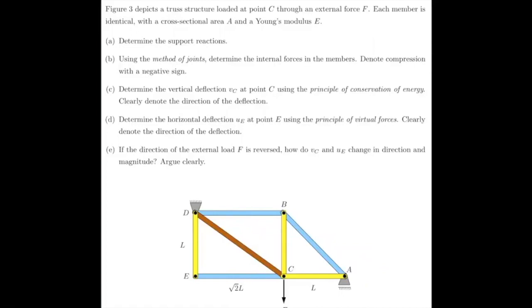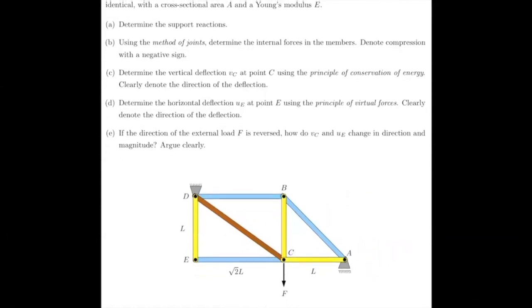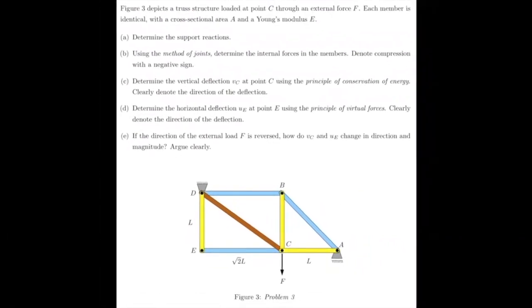So you have a truss structure with a load at point C. So you have a force F downwards here, and all the members are identical with cross-sectional area A, Young's modulus E. Okay, so everything is EA.